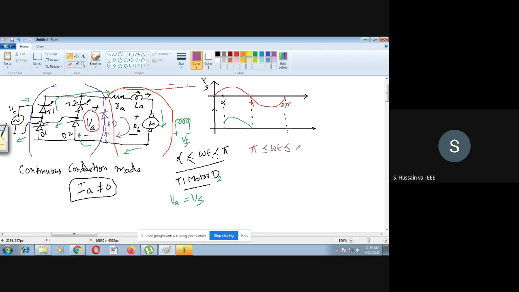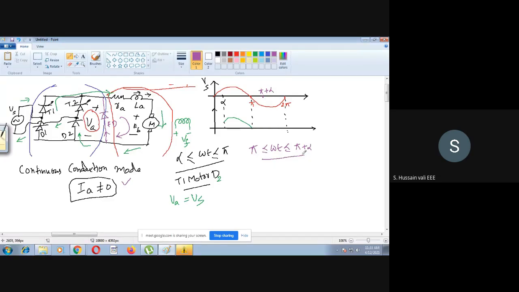As it is continuous conduction, the current in the inductor will not become zero till you trigger the second thyristor. You generally trigger the second thyristor at pi plus alpha. So till pi plus alpha, the current will be there in the inductor. That's called continuous conduction.